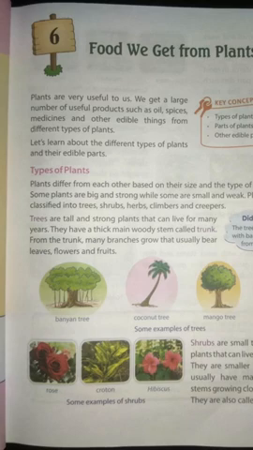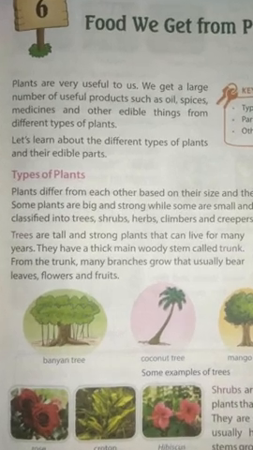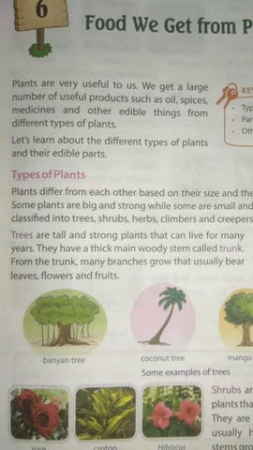From plants, we get a large number of useful things like oil, spices, medicines, furniture, etc., and other edible things from different types of plants.